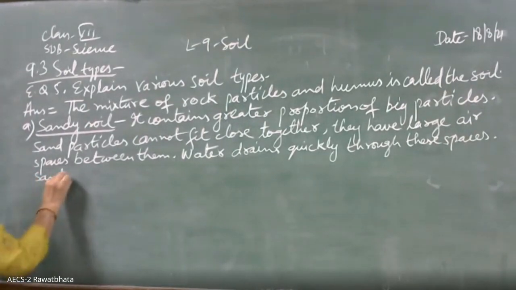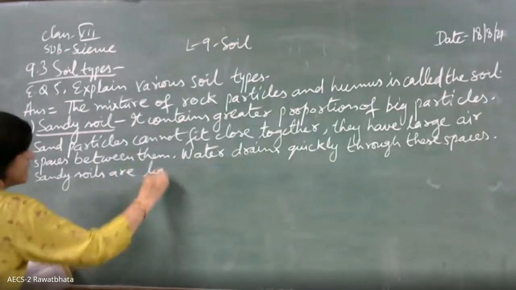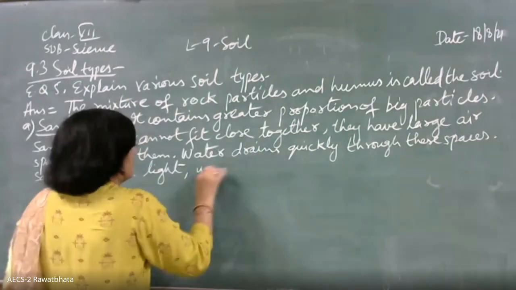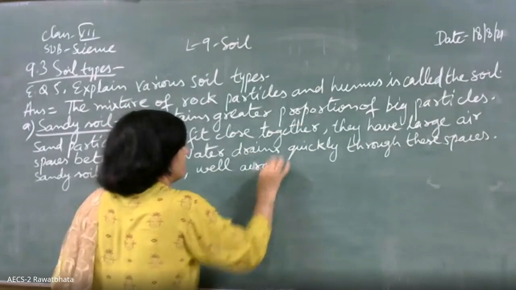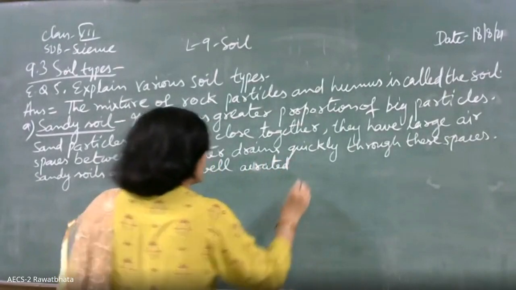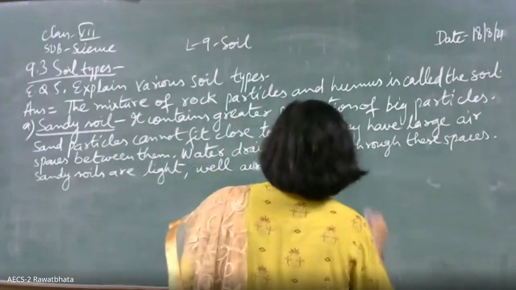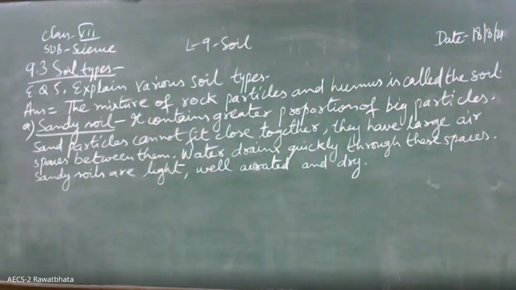Of course, sandy soils are light. They cannot be heavy because they do not contain water. Well aerated, that means a big amount of air, and dry. Whenever you're talking about sandy soil, try to keep the desert sand in mind. You'll be able to write clearly about that.